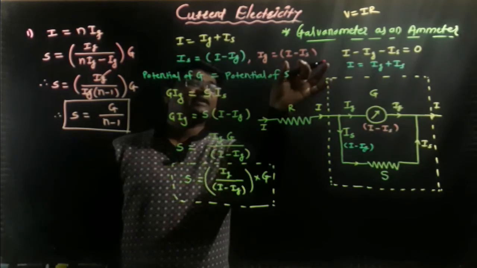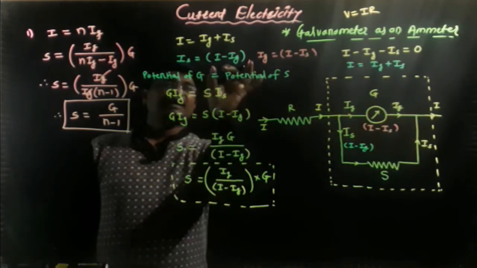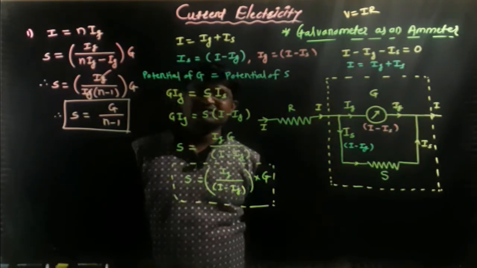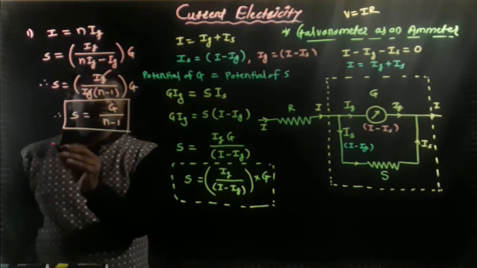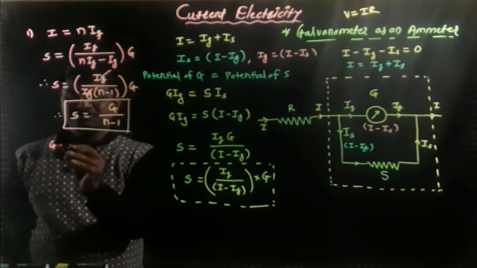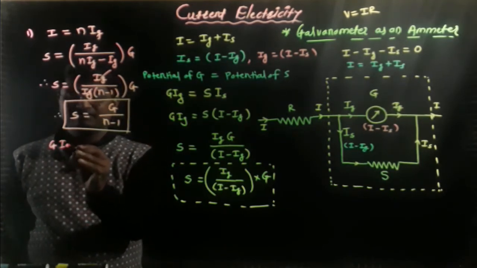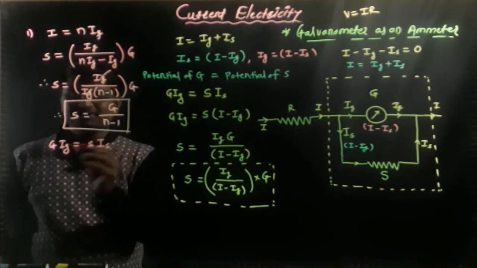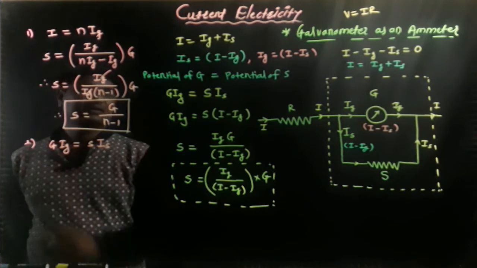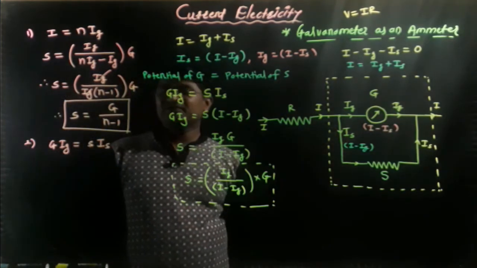So this is the current passing through the galvanometer, and this is the current passing through the shunt resistance. By using the same relation, G Ig is equal to S Is.